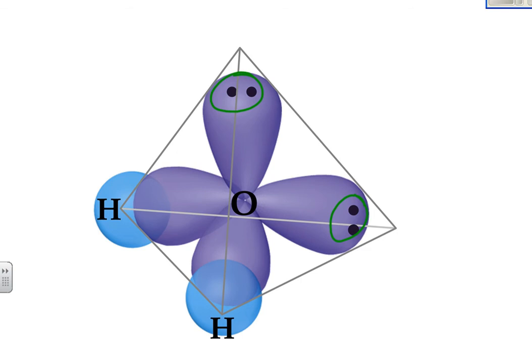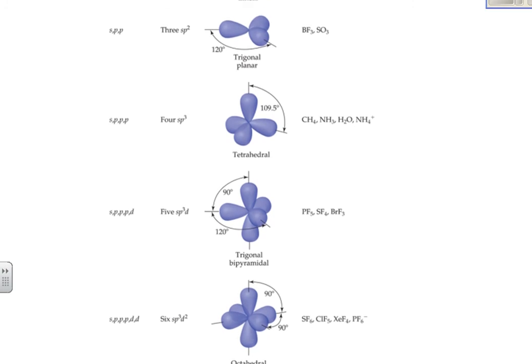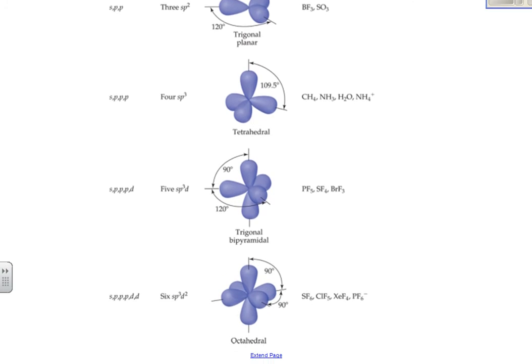Now, what happens when we go beyond 4 electron domains on the central atom, or more than 4 bonds on the central atom? Well, obviously we're going to have to bring into play some other orbitals to hybridize with. So here we have our expanded octets. To make 5, we're going to use the s orbital, the 3 p orbitals, and then we'll bring in a d orbital as well.